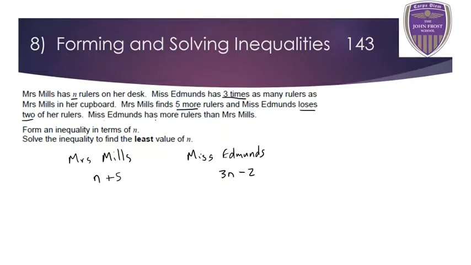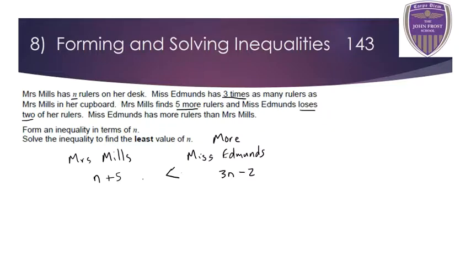Miss Edmonds has still got more rulers than Miss Mills. So in other words, hers are greater. And we introduce this inequality sign, so the open part would always eat the greater amount. Now, when I'm working with these, we can start solving this. I like to work with the bigger number of n's on the left-hand side.